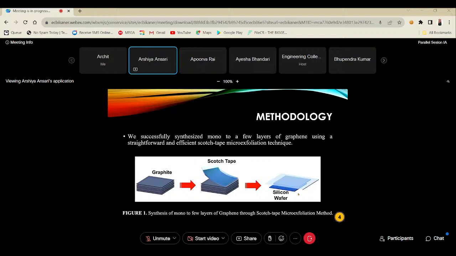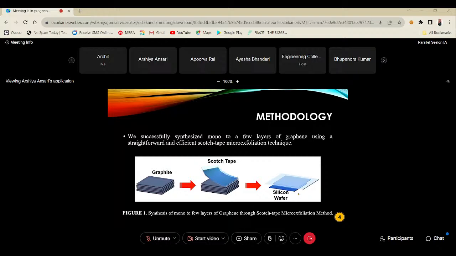In this work we have successfully synthesized mono to few layers of graphene by using a simple scotch tape microexfoliation technique. This figure shows the synthesis of graphene by the microexfoliation method.